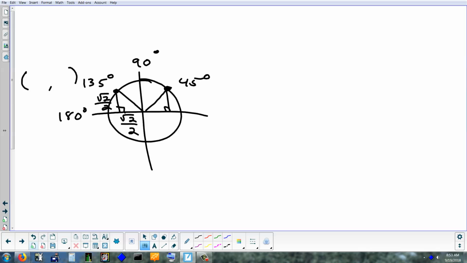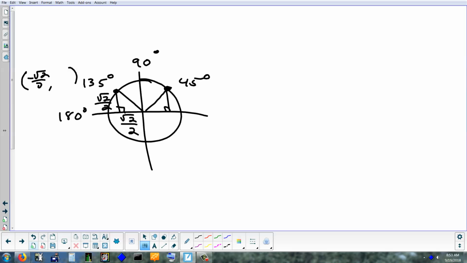It's just when we write the coordinate, we have to take into account the direction that we went. We went left and up instead of right and up. So if you go left, what kind of number is the x value? Negative.